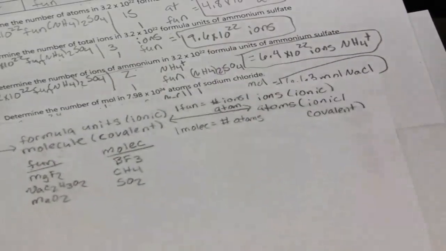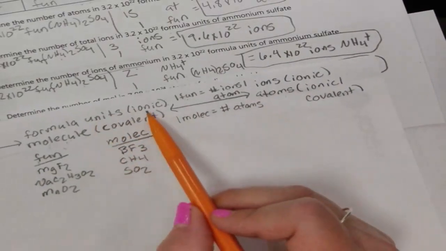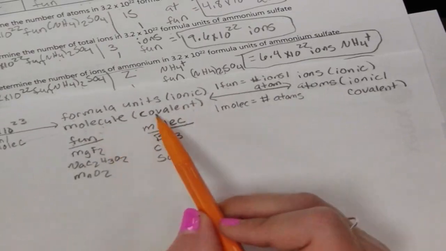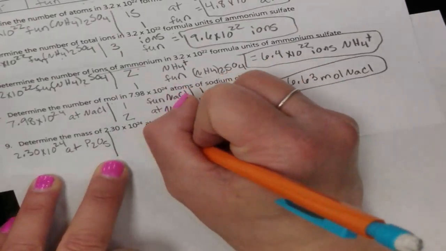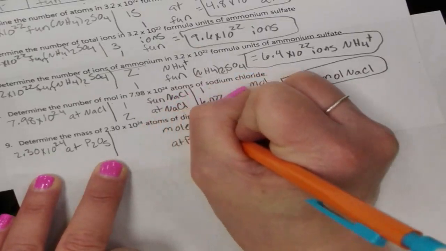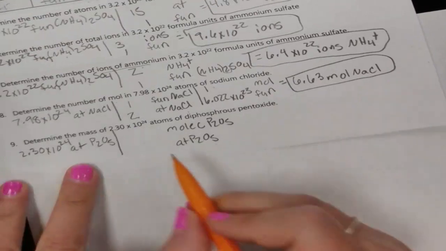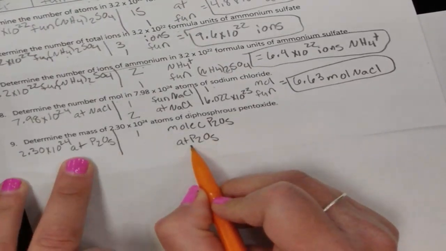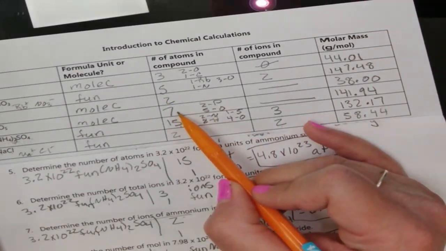Now, if I am at the atom, the only place I can go is the formula unit for an ionic or the molecule for a covalent. Diphosphorus pentoxide is a molecule. And my flow chart tells me 1 molecule is the number of atoms, and we determined that diphosphorus pentoxide has 7 atoms.